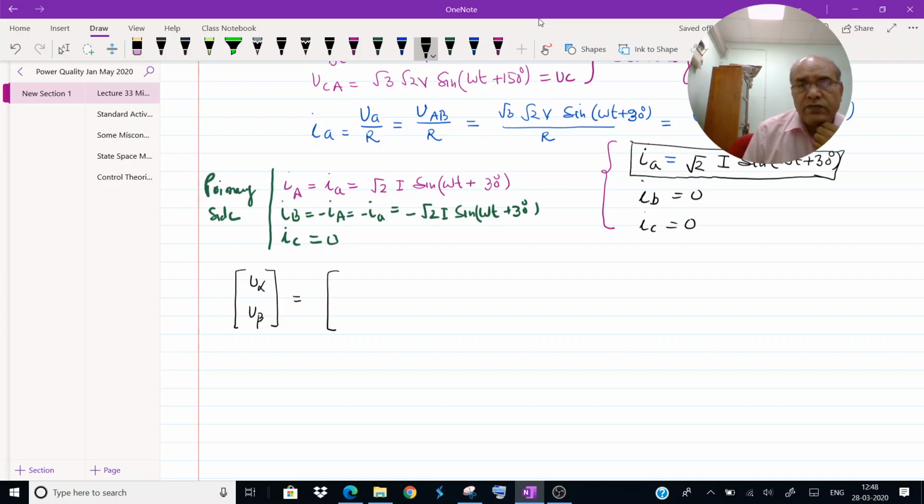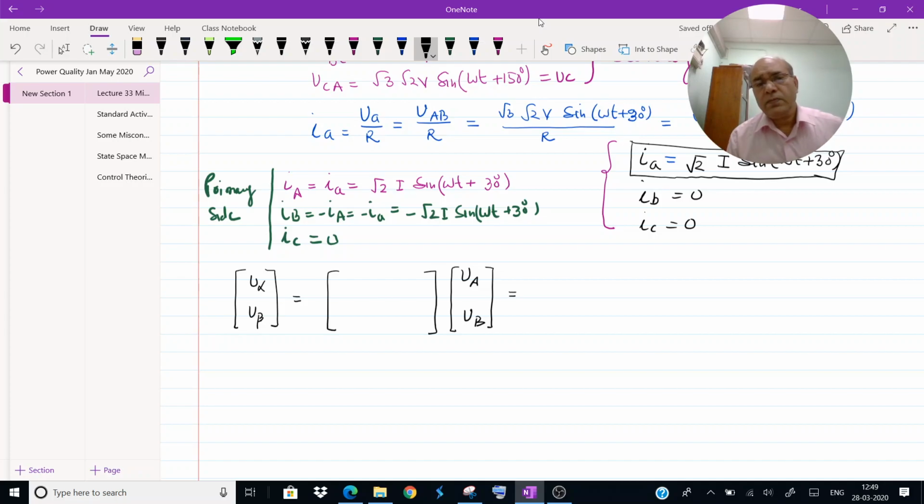This matrix is here. If you remember last time, this is VA primary side and VB. Okay, do you remember this matrix? This was root 3 by 2 and 0, and this is 1 by root 2 and root 2.